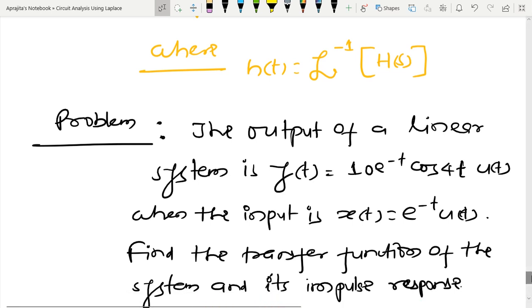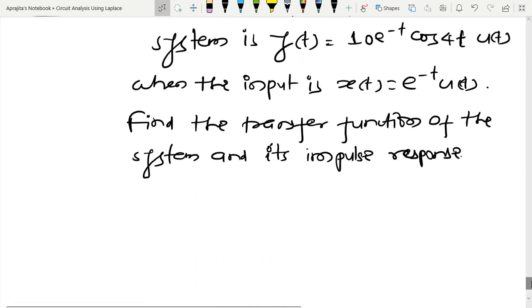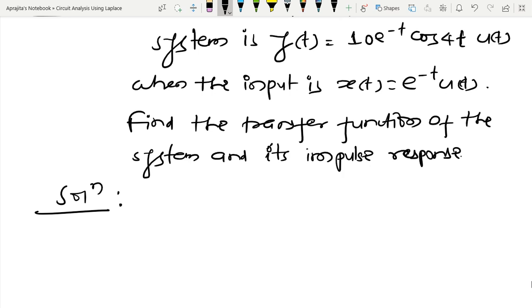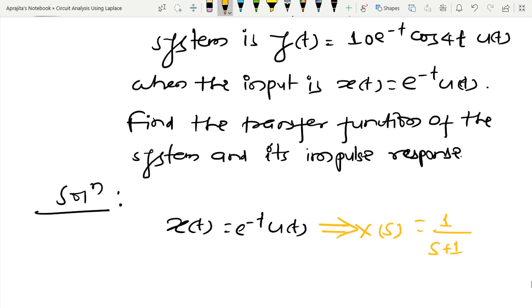So let us see the solution. Again I have to express both input and output in the frequency domain. In time domain I have e to the power minus t u(t), so I take the Laplace transform, and basically this is 1 over s plus 1.